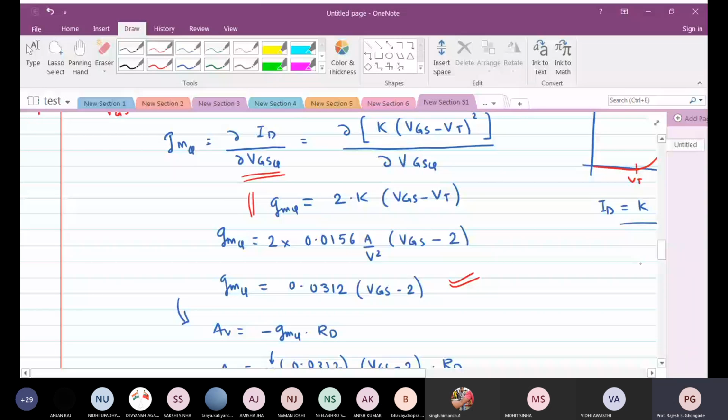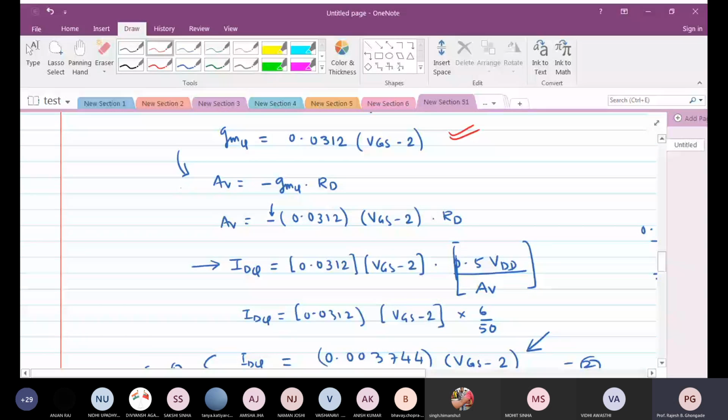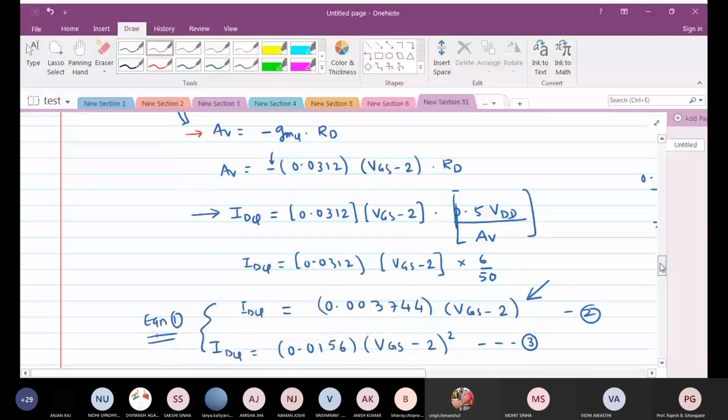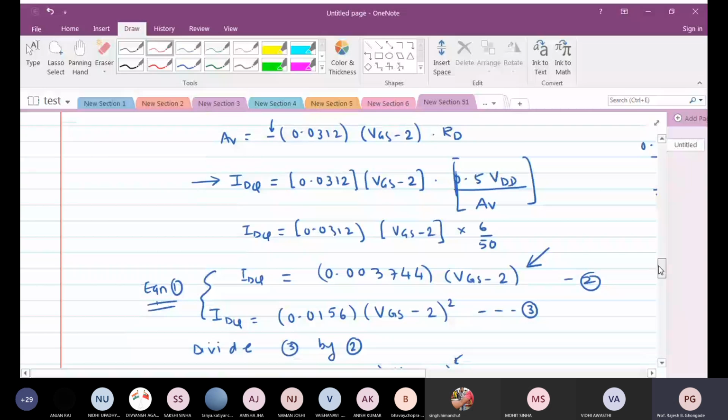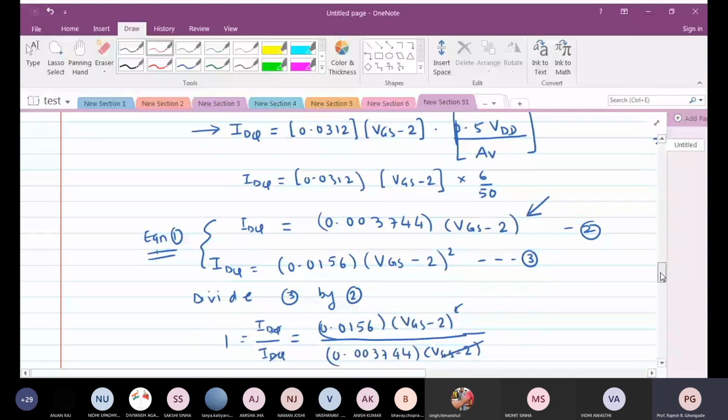So I'm going to apply this equation which we have already finalized in the second step, and that is AV is minus GMQ into RD. I'm manipulating this equation algebraically, and then I'm finding the equation for IDQ in terms of the gain and the VDD, because RD is given: RD is 0.5 VDD divided by IDQ.